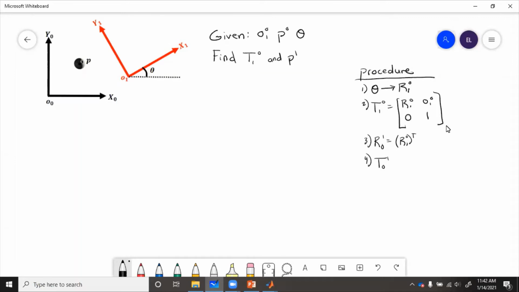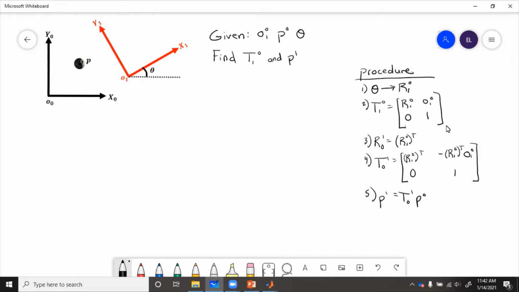So T01 equals R10 transpose, 0, negative R10 transpose times O10, 1. And then finally, P1 equals T01 P0. So we'll go through each of those.